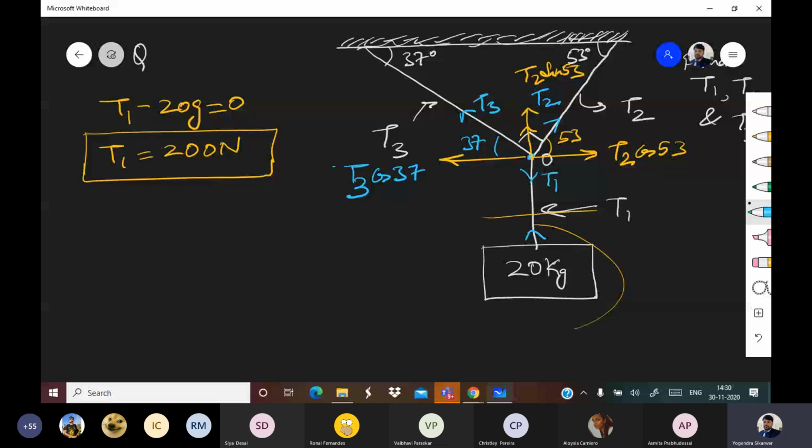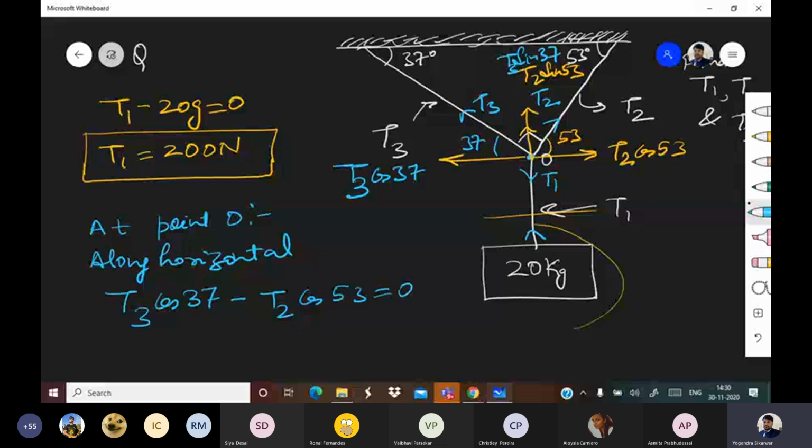Okay, so along horizontal at point O, what you can see is T3 cos 37 minus T2 cos 53 should be equal to 0.